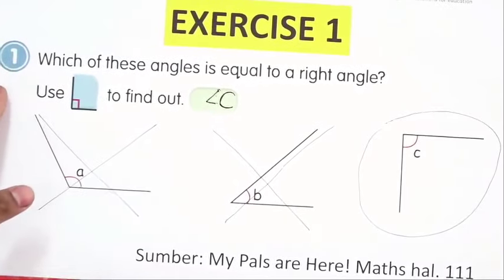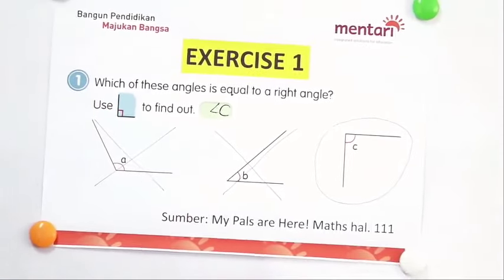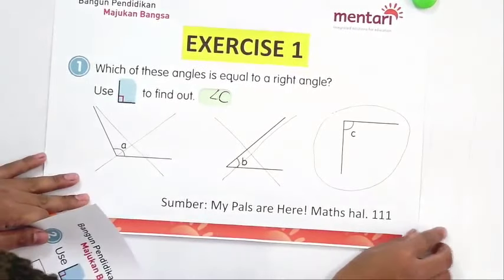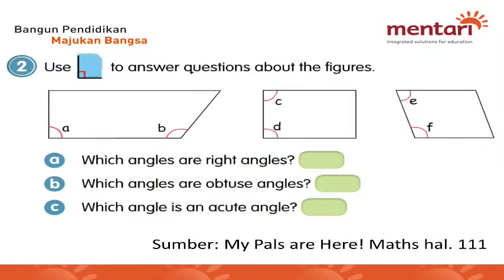What about number 2? Let's do number 2. We still use our folded paper, yeah, to compare any angles to a right angle.